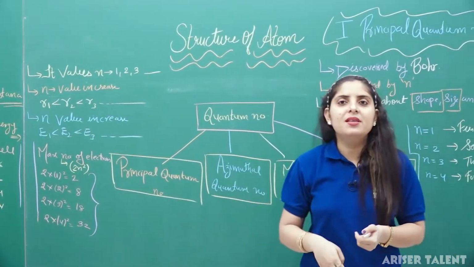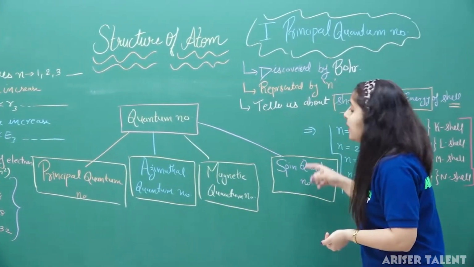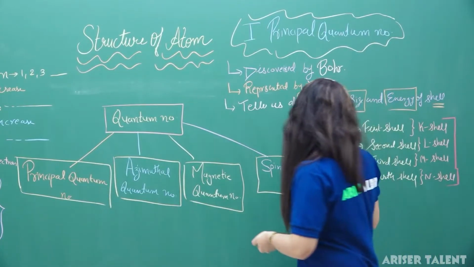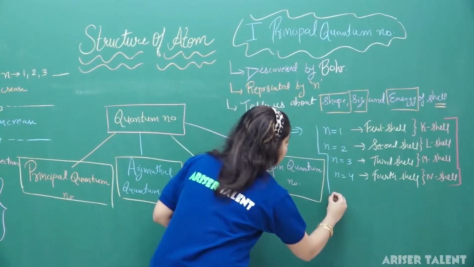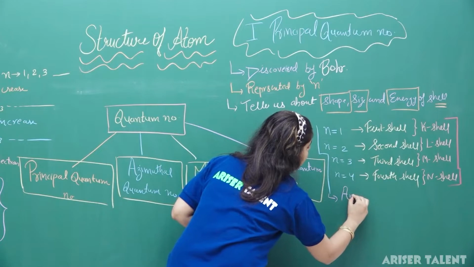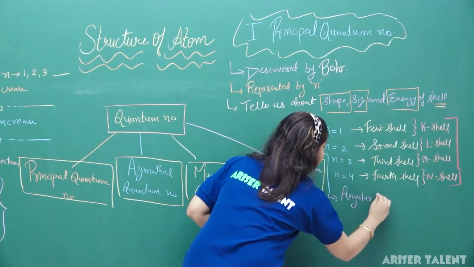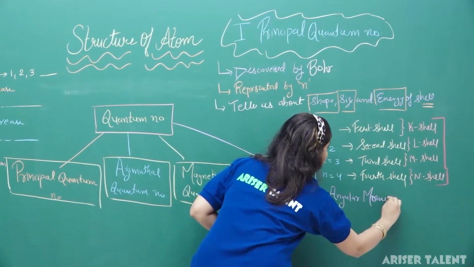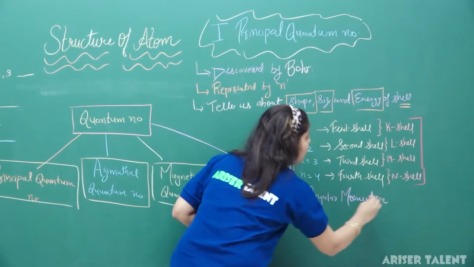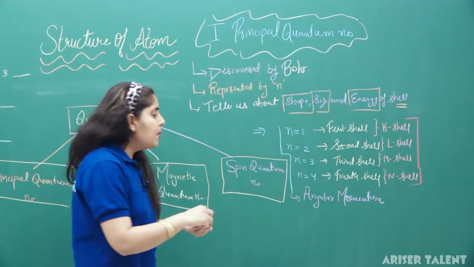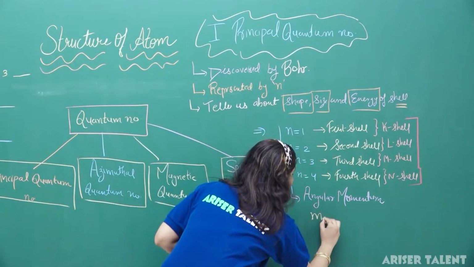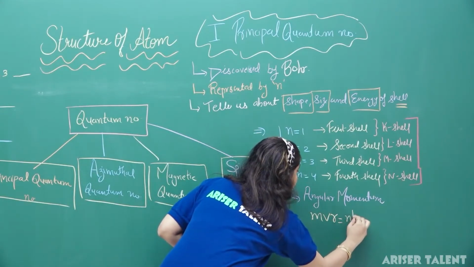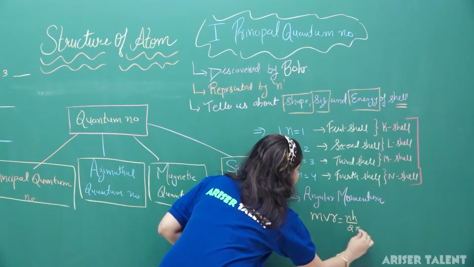Now these are the basic terms related to principal quantum number, and the last thing we want to specify about these numbers is the angular momentum. Angular momentum for the principal quantum number is basically given by the formula mvr equal to nh upon 2 pi.